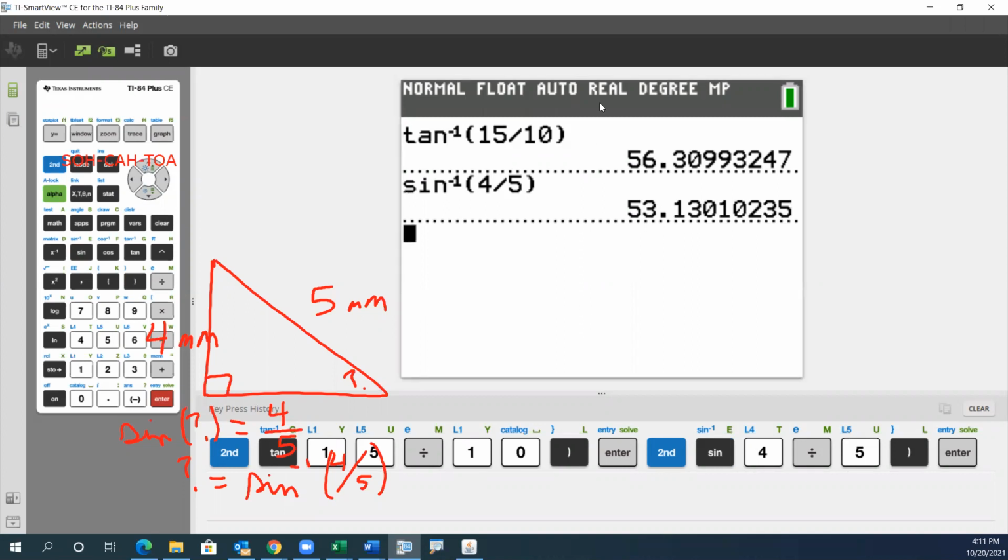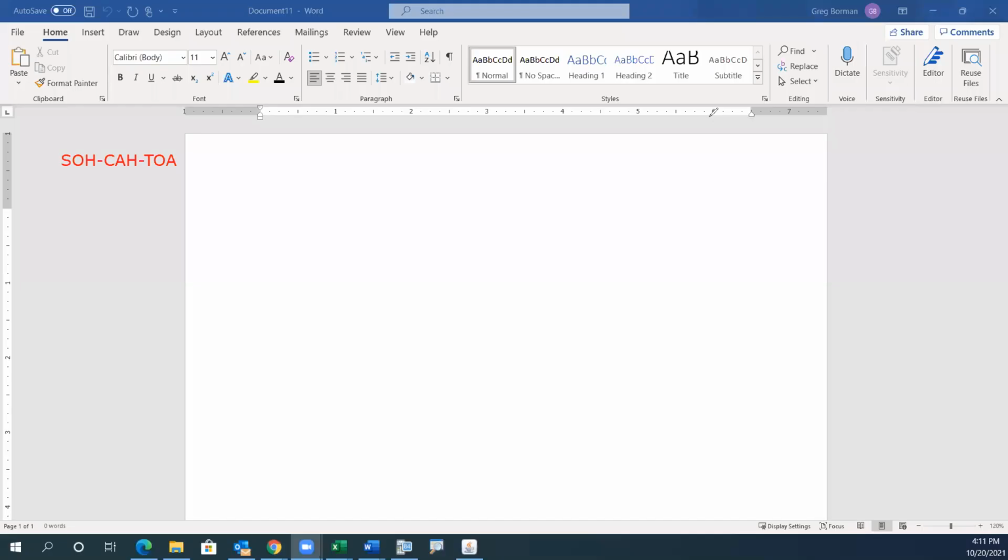One more. Again, to do this trigonometry, just like the Pythagorean theorem, you need to have a right triangle. We're looking for this angle here, and we have 12 angstroms.